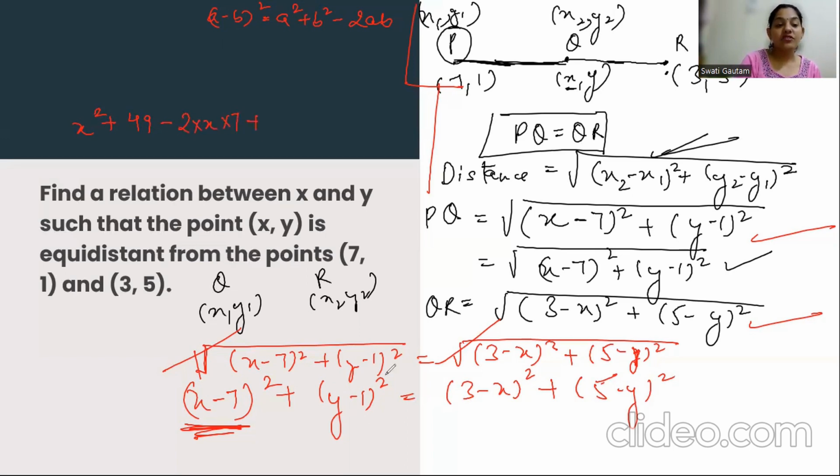Similarly for (y minus 1) whole square, it is y square plus 1 minus 2 multiplied by y multiplied by 1, which is 2y only. This is equal to, again solving (3 minus x) whole square, which is 9 plus x square minus 2ab, that is 2 multiplied by 3 multiplied by x, which is 6x, and (5 minus y) whole square is 25 plus y square minus 2 multiplied by 5 multiplied by y, 10y.